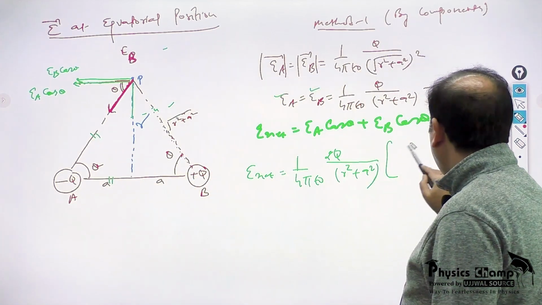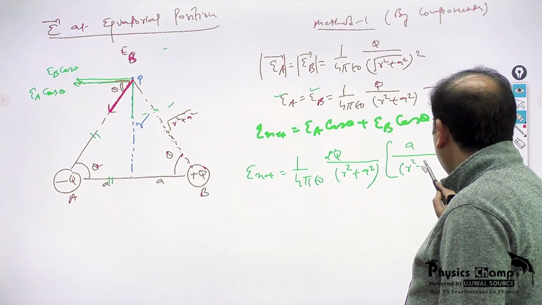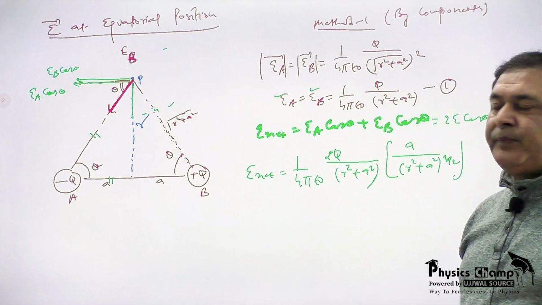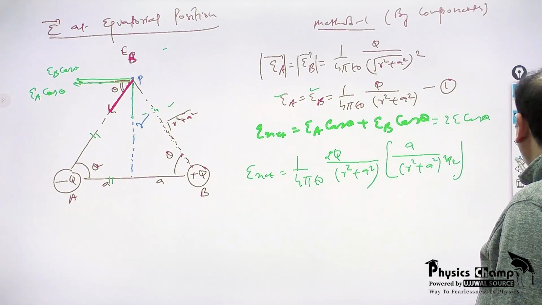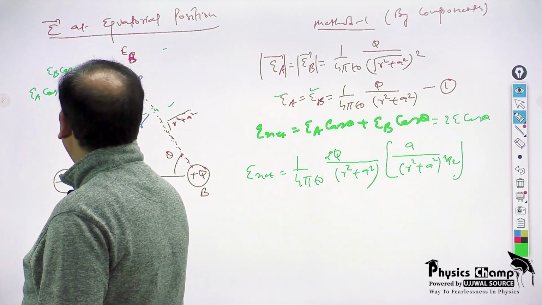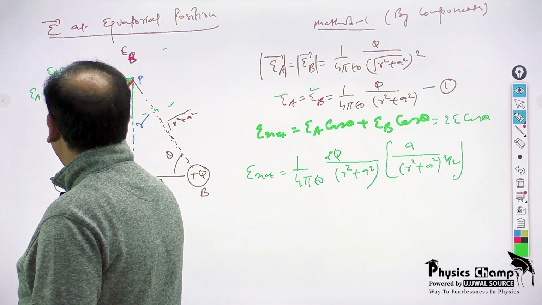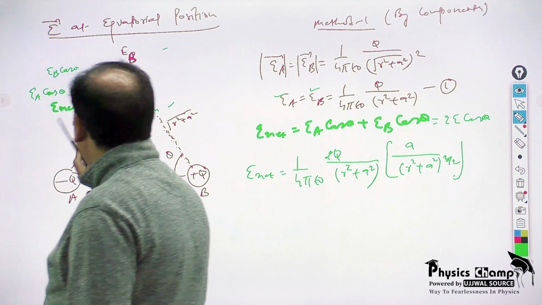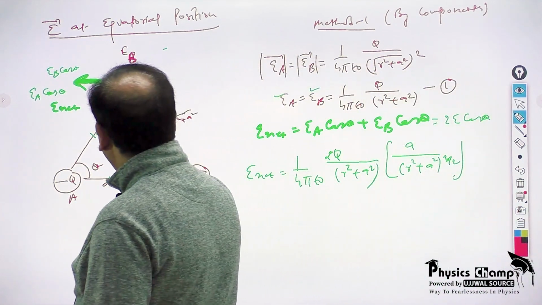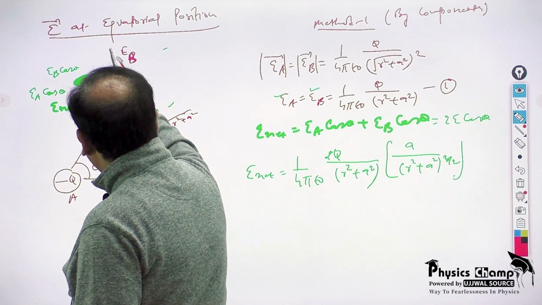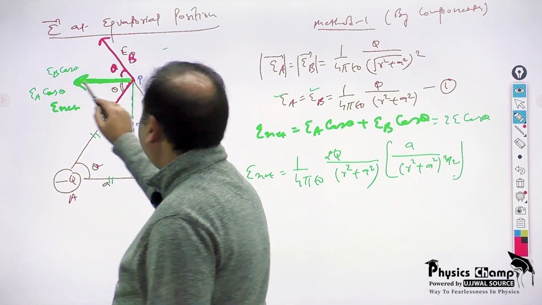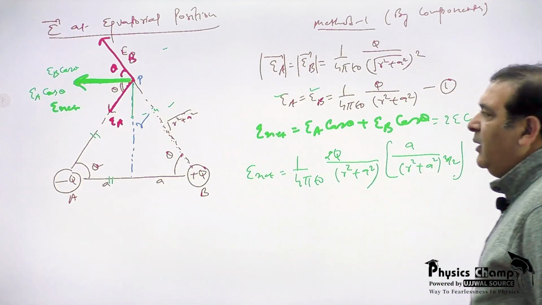So cos theta will be a by r square plus a square to the power 3 by 2. And as you can see, the net electric field is in this direction. This is E net. Although we had EA here and EB here, the net electric field which exists here is in the horizontal direction.